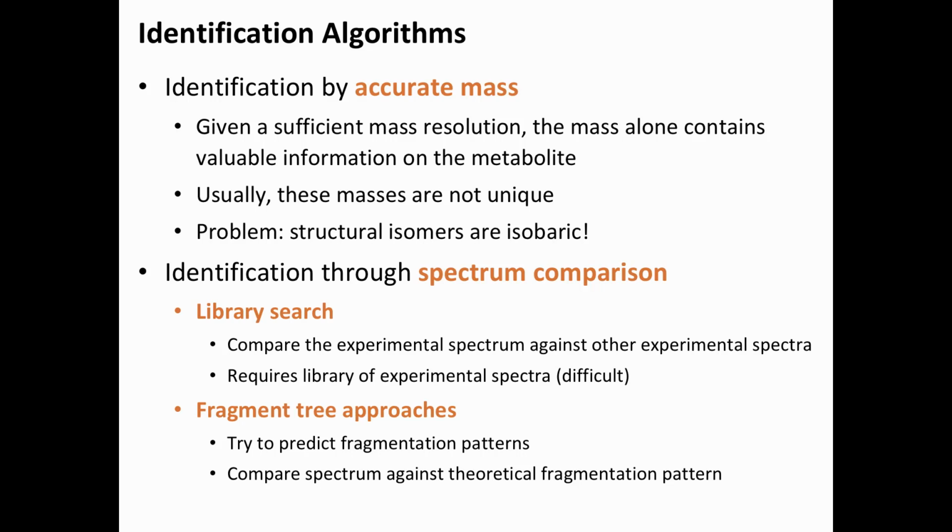There are rearrangements, things break off in unexpected ways and at unexpected places. It's very hard to predict mass spectra, to be honest. But we will go into that because this is where we had the most progress in the last 3 or 4 years, and this is probably going to be the future of metabolite identification.